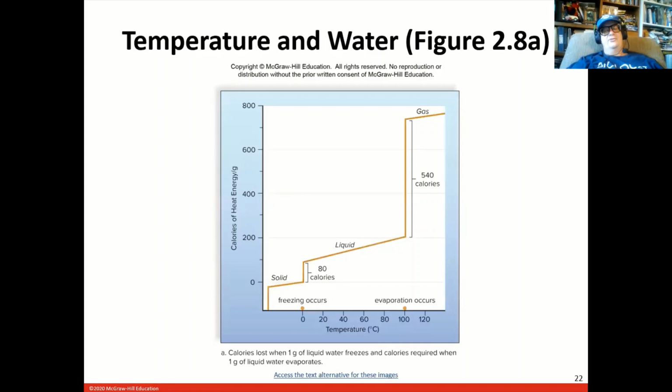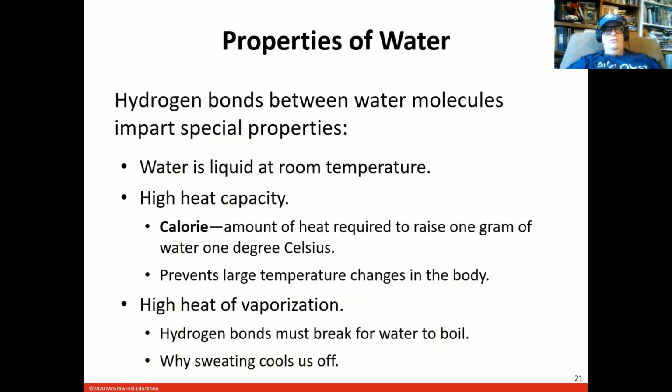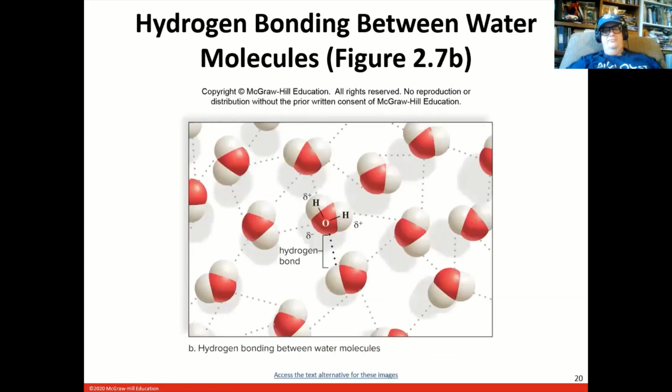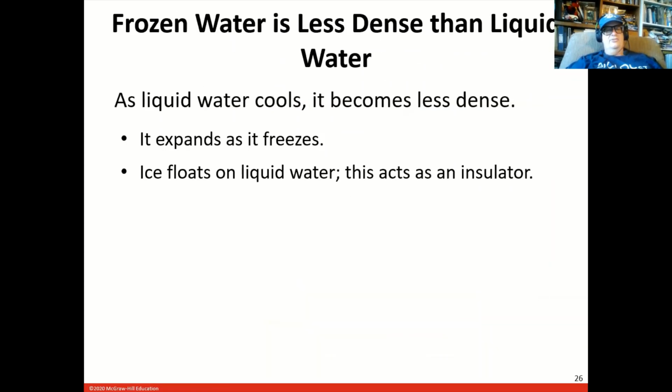The reason it takes so dang much energy to go from a liquid to a gas or from a solid to a liquid, well, it takes so much energy to change water's phase because you got to break a lot of hydrogen bonds. So yeah, almost all of these properties of water are due to hydrogen bonds.